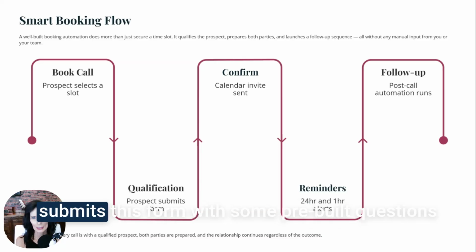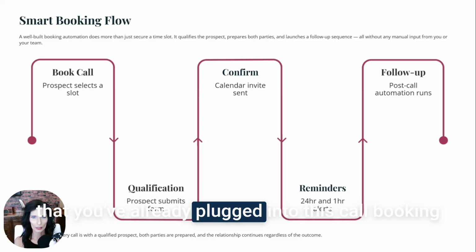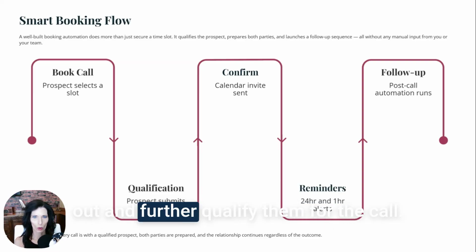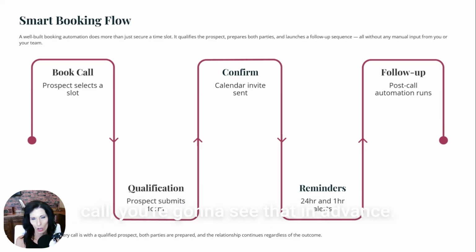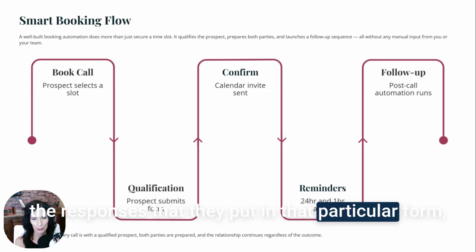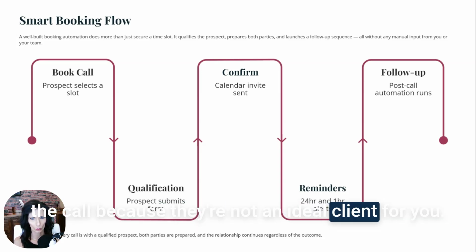So the prospect submits a form with some pre-built questions that you've already plugged into this call booking system. The lead fills that information out, which further qualifies them for the call. And if they're not qualified, you're going to see that in advance. If it's somebody that's not qualified based on their responses in that form, you can let them know that you're going to cancel the call because they're not an ideal client for you.